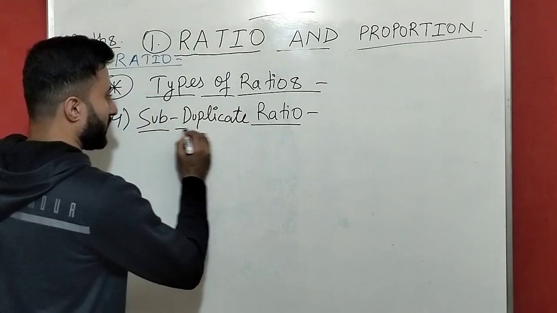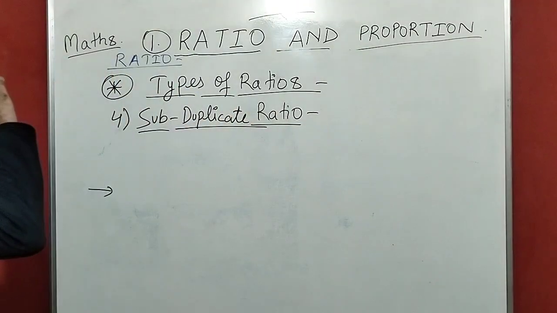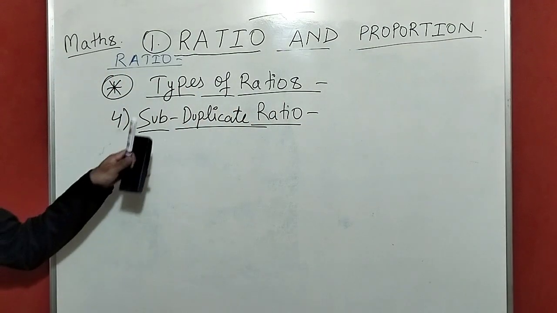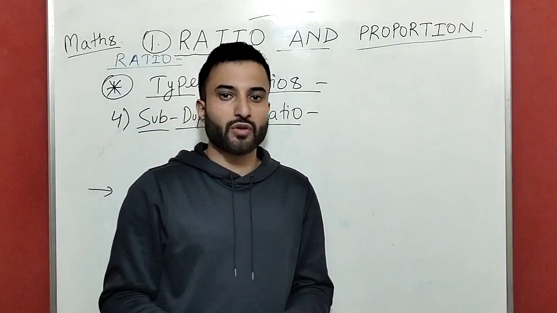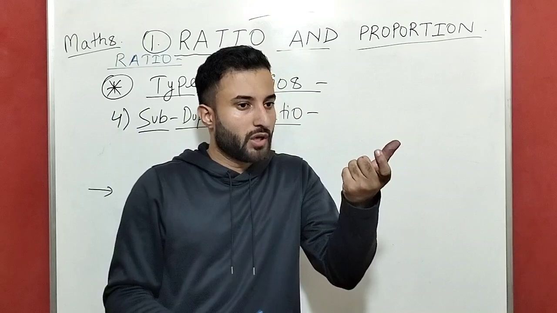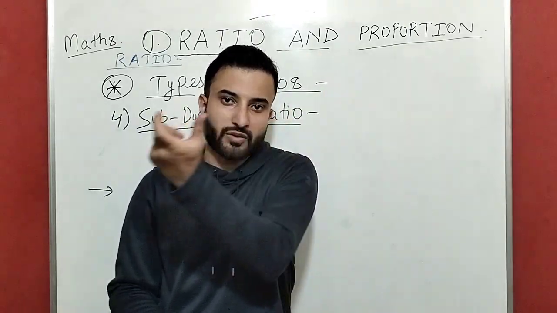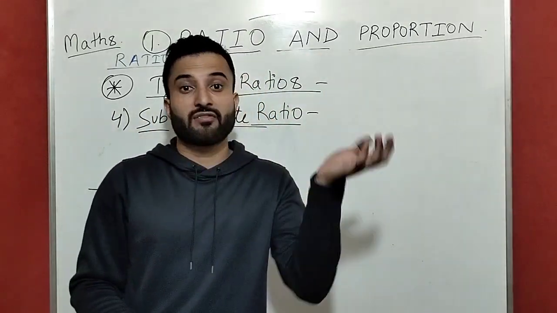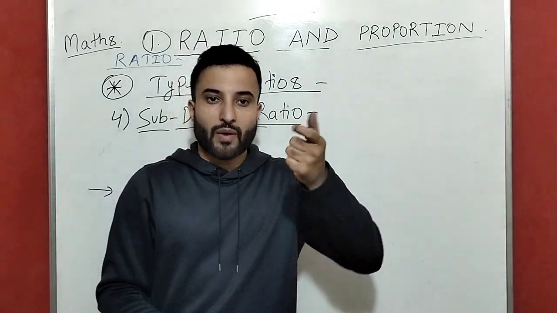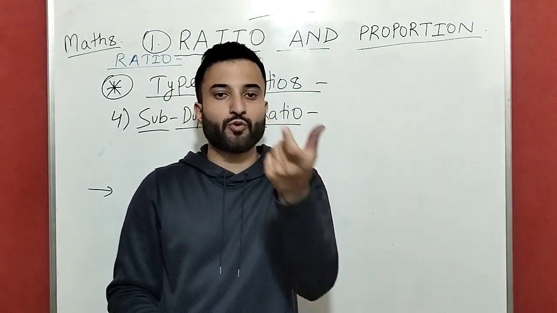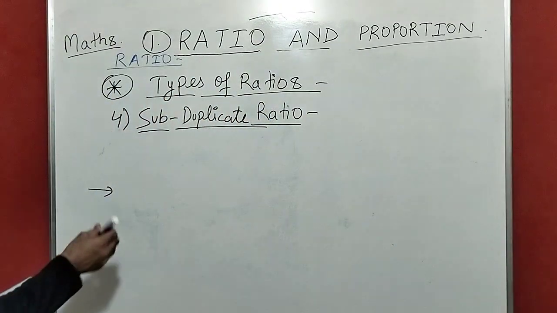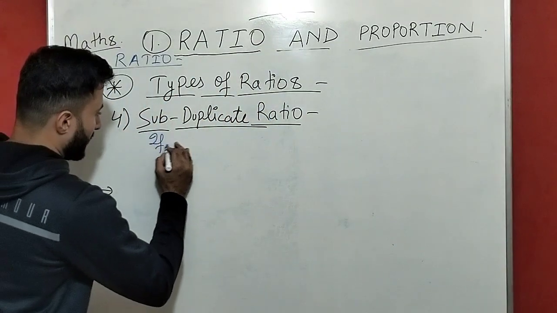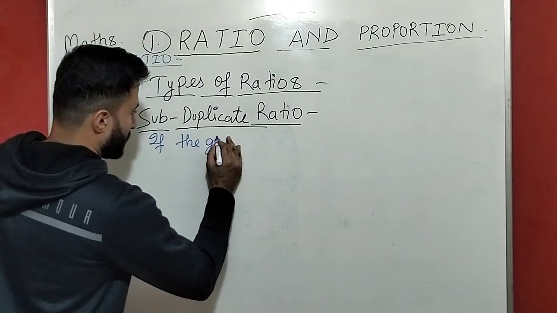In duplicate ratio what we used to do is take the square of the given ratio. But in sub duplicate ratio, whatever the given ratio is, we have to do the square root of that ratio.